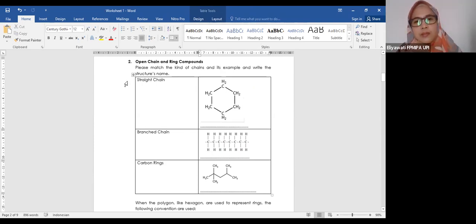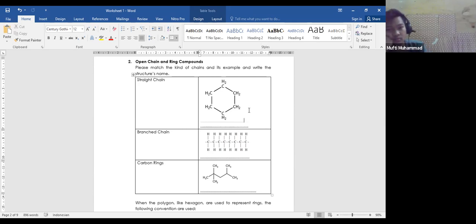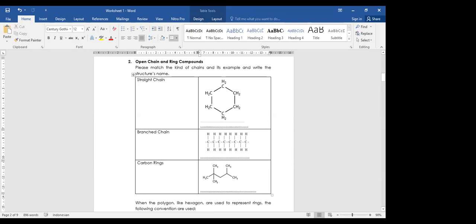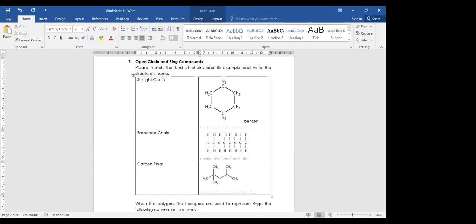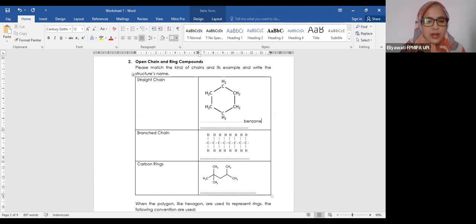So what is the name? Because it's also the structure's name. What is the name of this substance? Benzene or cyclohexane. You can say benzene or cyclohexane.